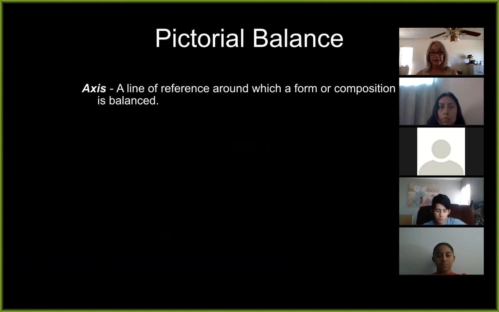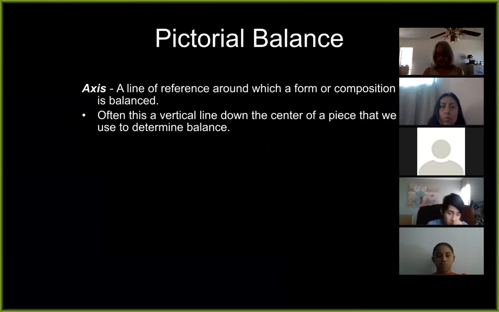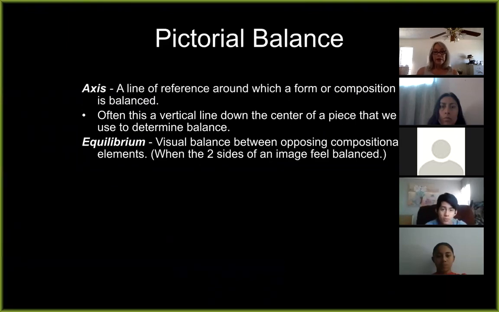So the axis is a line of reference around which a form or composition is balanced. And normally that axis is vertical, although it can be horizontal. When you have equilibrium or a balanced composition, you have equal weight between the opposing compositional elements on either side of that axis, whether it is vertical or horizontal. So we say that when that happens, an image appears or feels balanced.